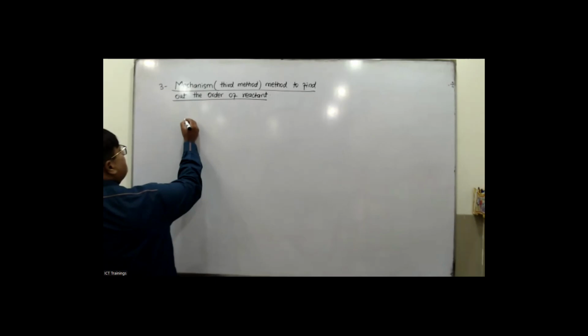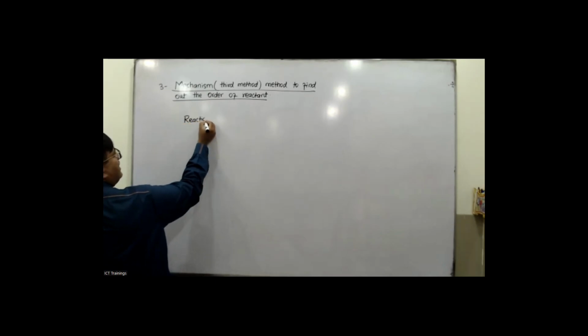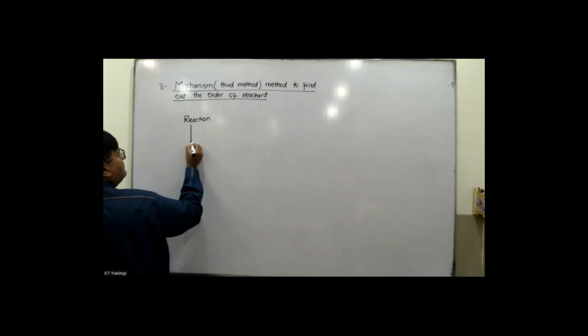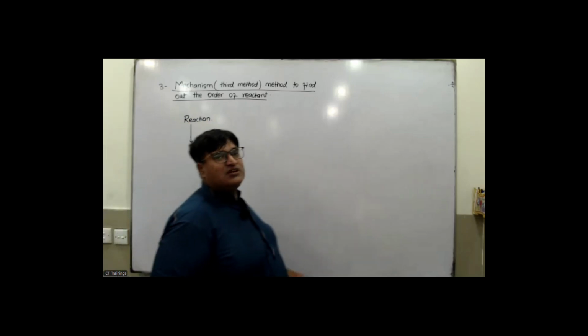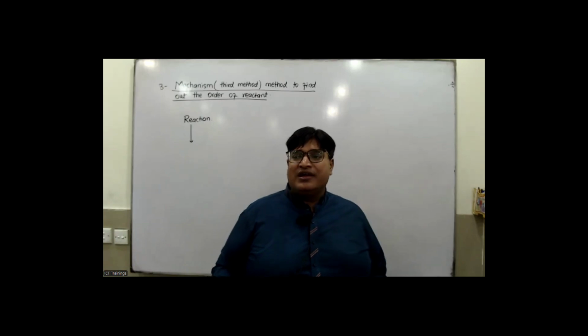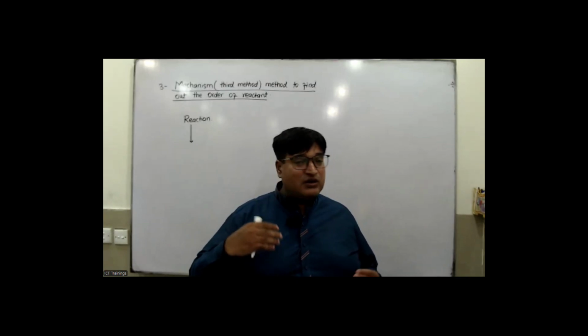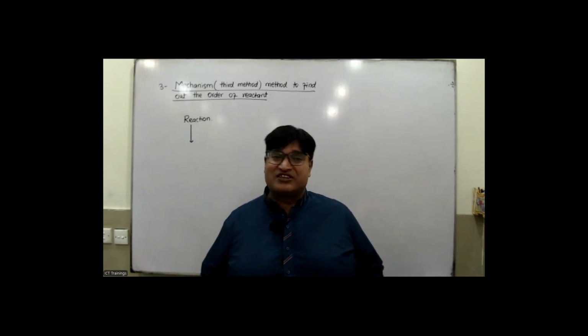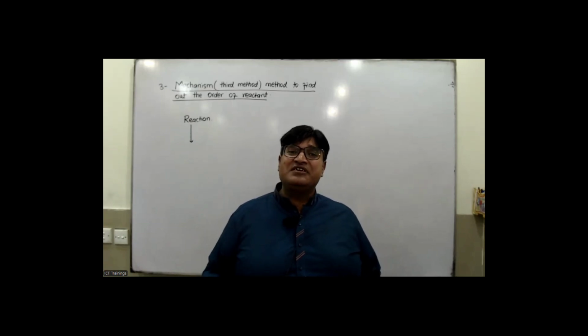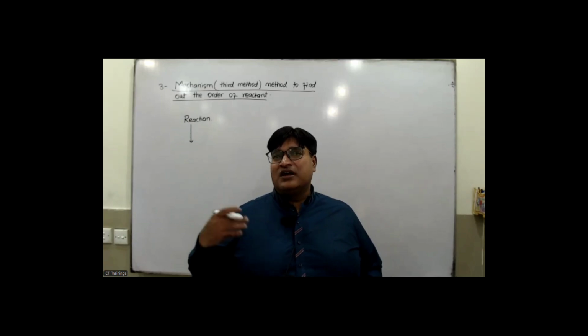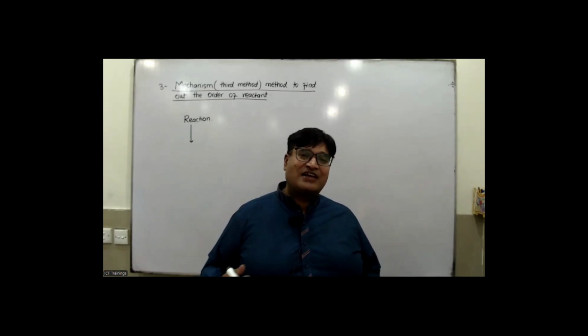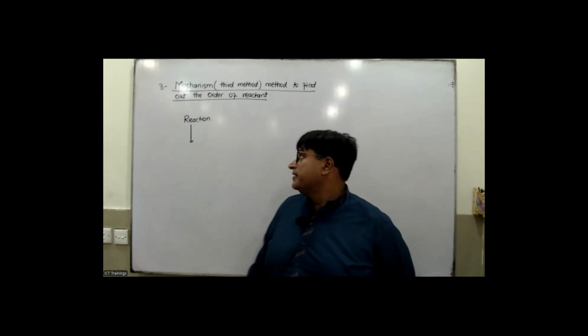Let's suppose you got a reaction. Please remember, whenever a reaction proceeds, it does not take place in one step. It has different steps. Different intermediates are formed while the reaction proceeds.